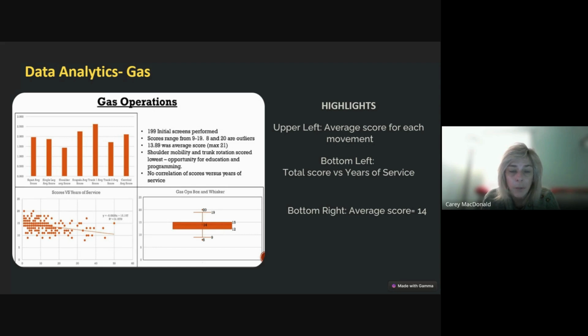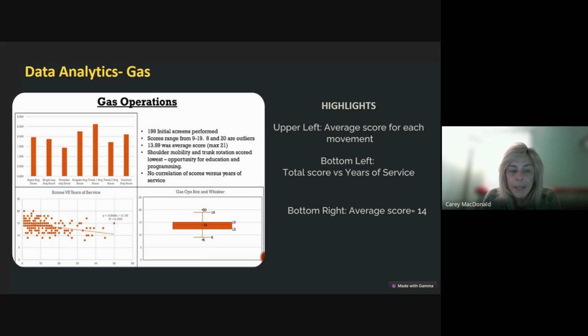Age, years of service and the score weren't very correlated. And again, because we had to use the years of service, you could have someone that might have been 50 that had only been at this job for 2 years, as opposed to someone that may have worked the whole 35 years in this job from age 18.